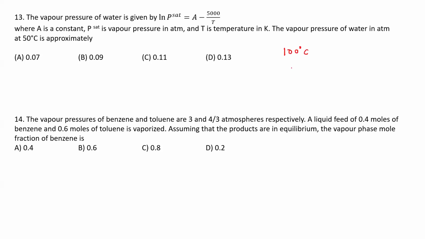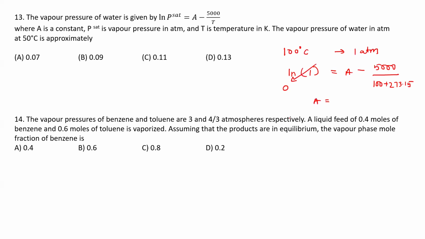So ln 1, assuming this is in atmospheres, equals A minus 5000 by T. The temperature is 100 plus 273.15. When you solve this, ln 1 is equal to 0, so A is equal to 13.39.